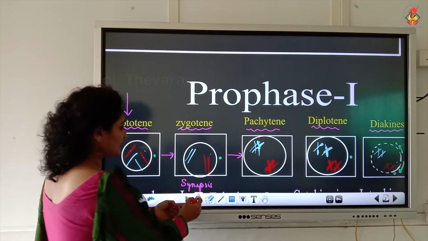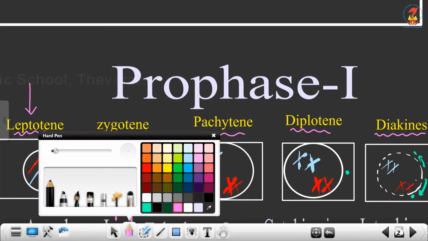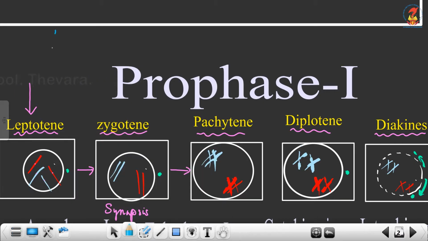So if I display it separately, see, bivalent, this is one blue and another blue chromosome. This is representing the chromosomes at the zygotene stage where they are rod-like, and not only that, they are paired to form a bivalent. Now they further condense.